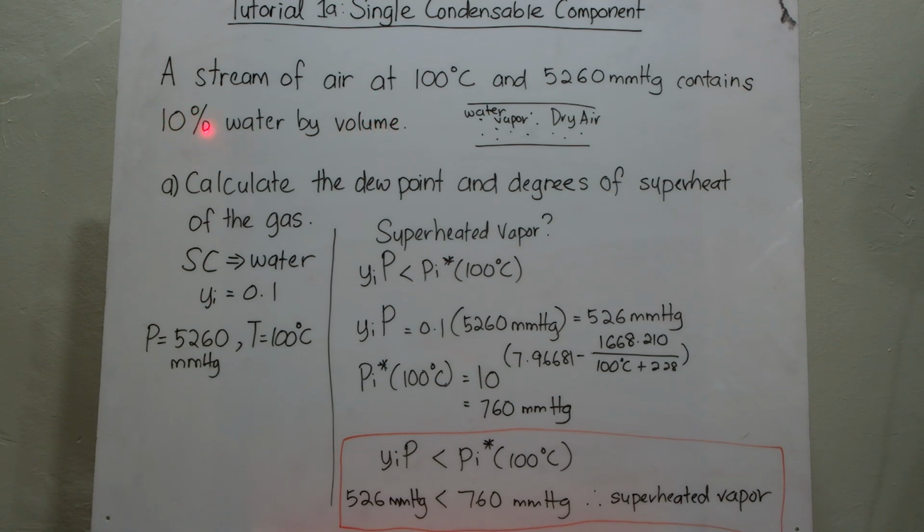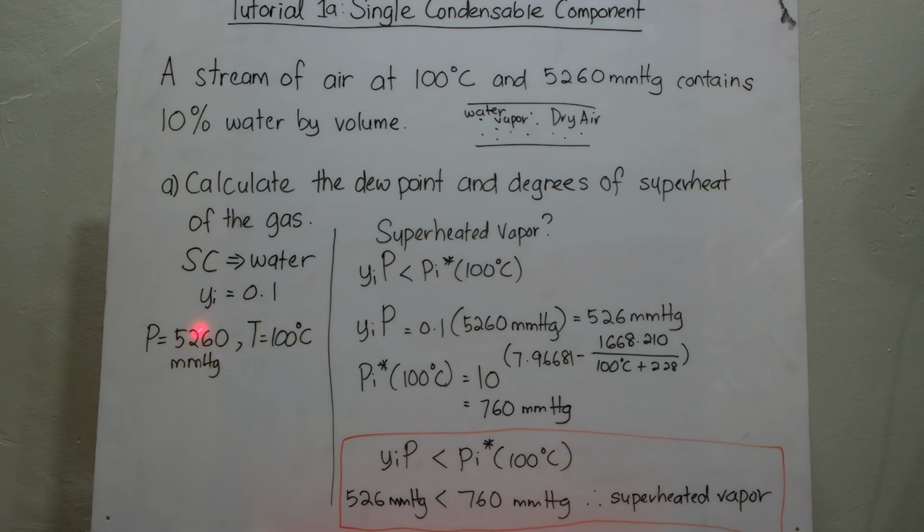If you have 10% water by volume in this gas system, that means it is 10% water in terms of mole. So in terms of mole fraction, yi is equivalent to 0.1 mole per mole.